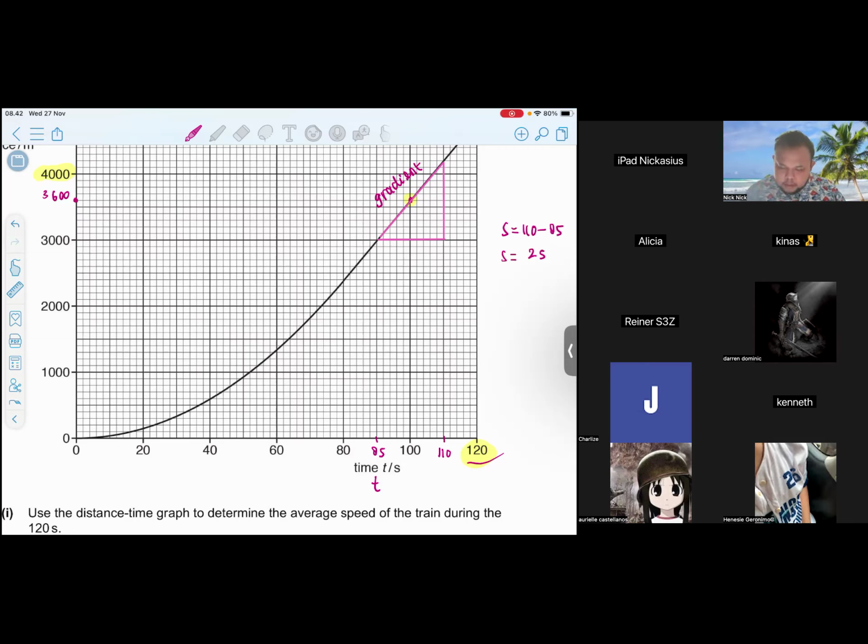And then y per x. So this is the x. Sorry, this is the x.